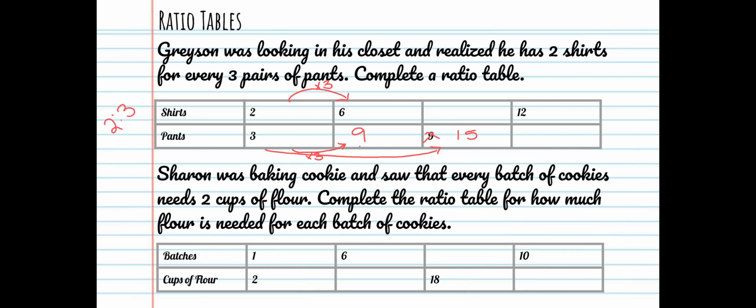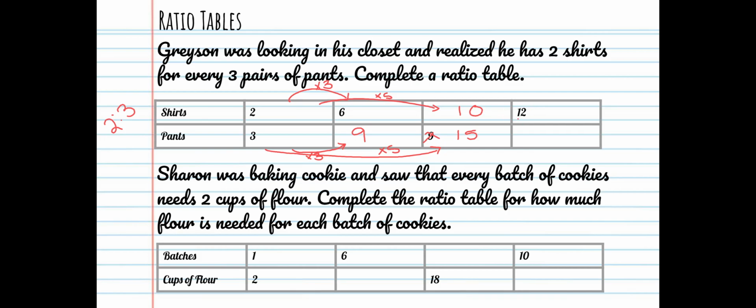I know that I have to multiply 3 by 5 to get to 15. So just like with the last one, I'm going to multiply 2 times 5 to get our top ratio here. 2 times 5 gives me 10. So my ratio here becomes 10 to 15. That is like saying if Grayson had 10 shirts, that means he would have 15 pair of pants.